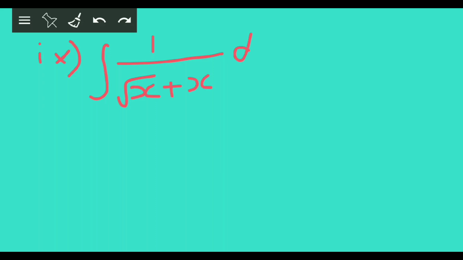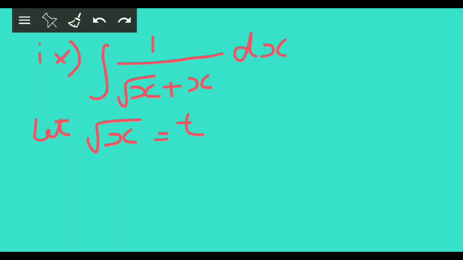We move on to the ninth sum now. In the ninth question, the question is integral of 1 upon root x plus x dx. Observe how the substitution is done. We say let root x is equal to t.